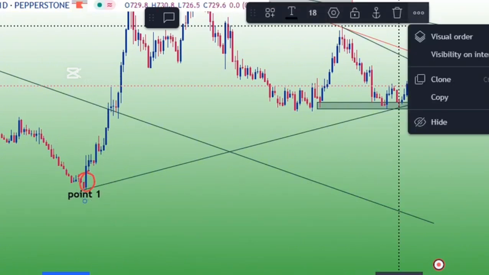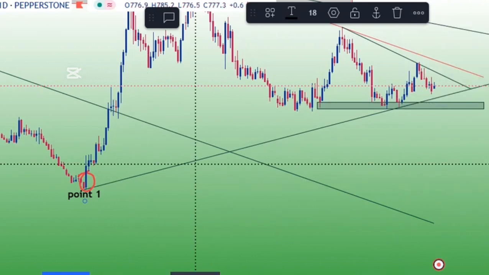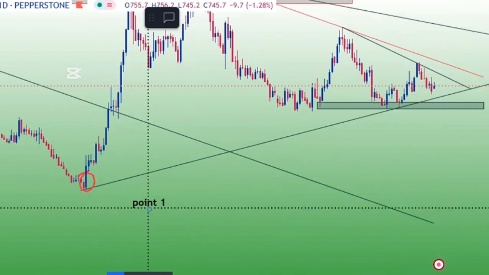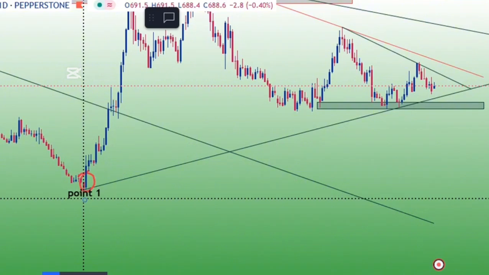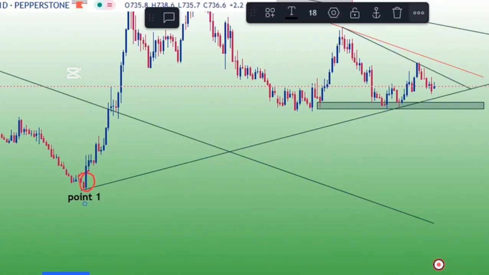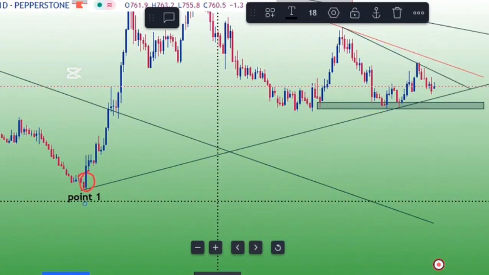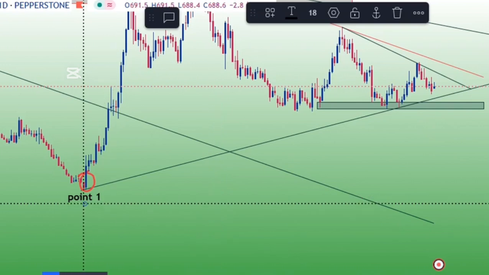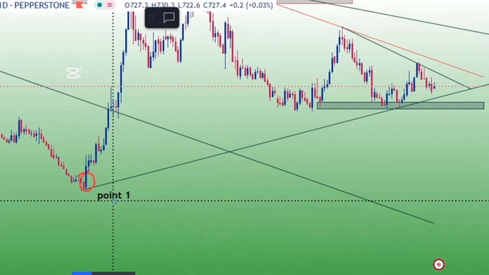So P1, let me write it in full. So this is my point 1 on the trend line. So my point 3 usually breaks. Focus now and see something. We are still on the daily.